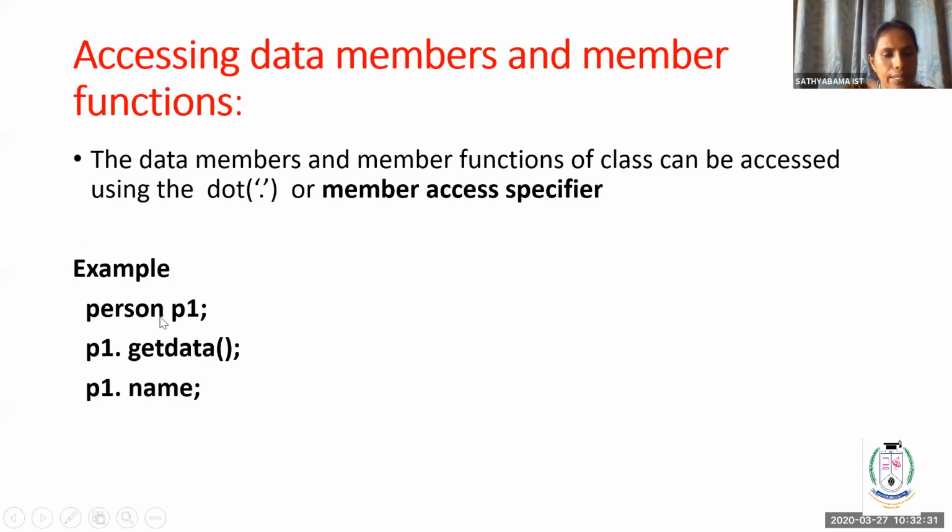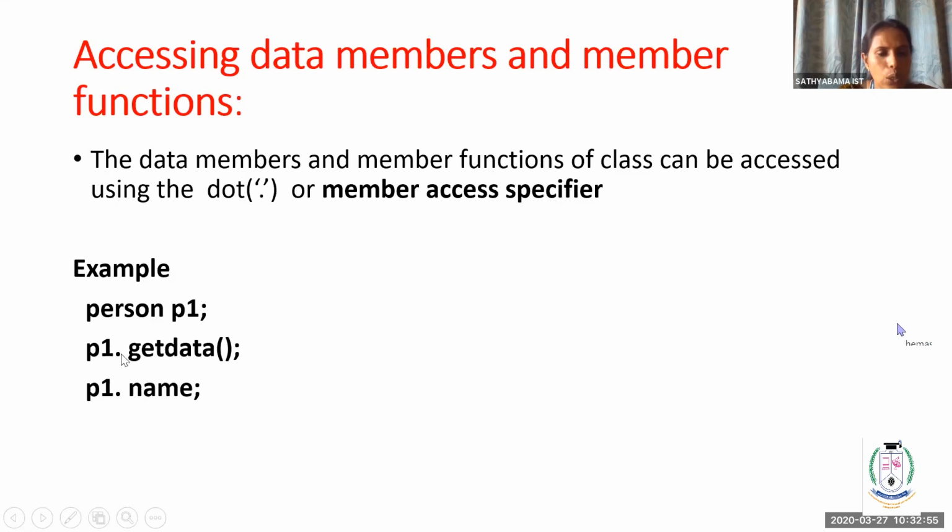Say for example, here one example is given. This is for creating your object. Person is the class, so the class name is person and your object name is P1. So using this object, we can call the function. Here getData is a function present in your class, and name is also an attribute present in your class.